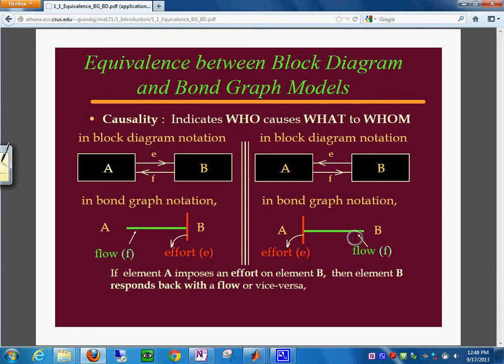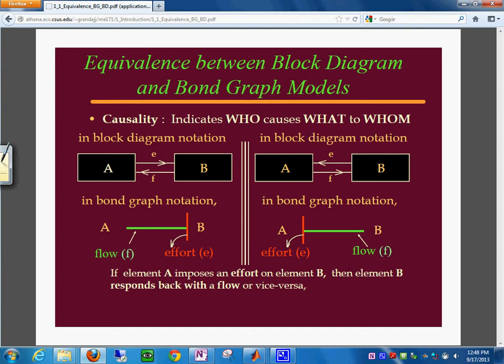So why do we need this? We need this to establish how the elements interact with each other within the system. But this assignment of this action variable, I call it action variable, is called causality and indicates who causes what to whom.